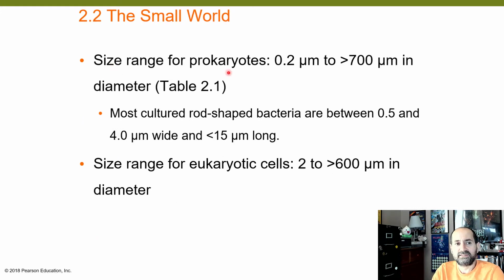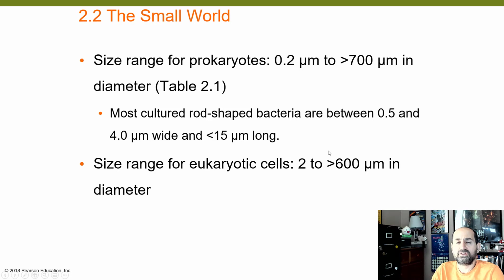Now, keep in mind that prokaryotes have a much smaller cell size than eukaryotes. Prokaryotes are about 0.2 micrometers to, some of the bigger ones are really big, but these are the rare exception, greater than 700 micrometers in diameter. Whereas eukaryotes, look at this, are 2 to greater than 600 micrometers in diameter.